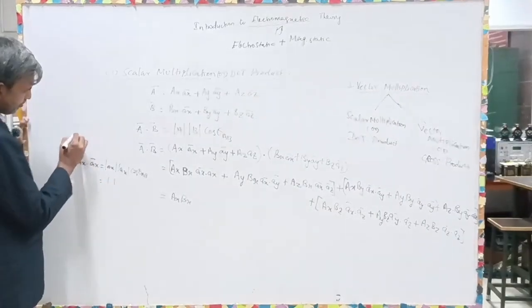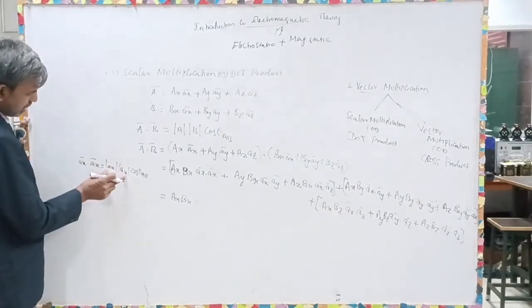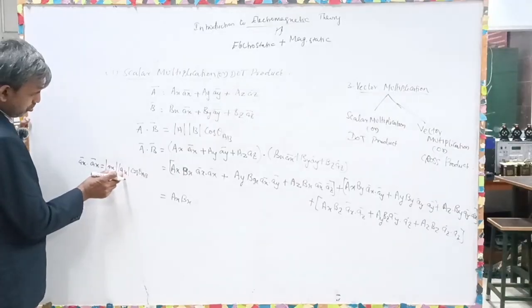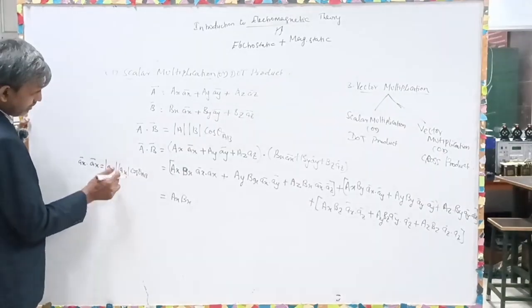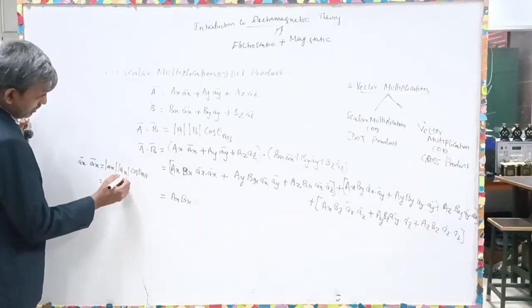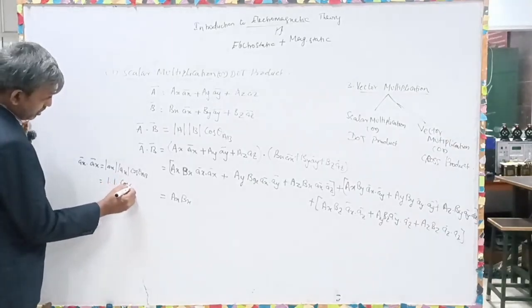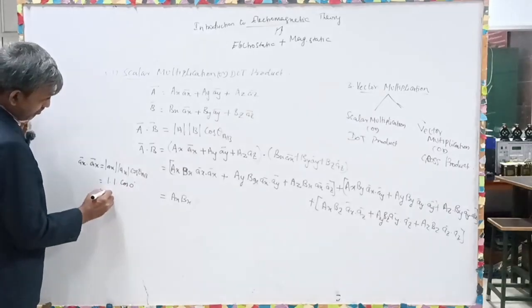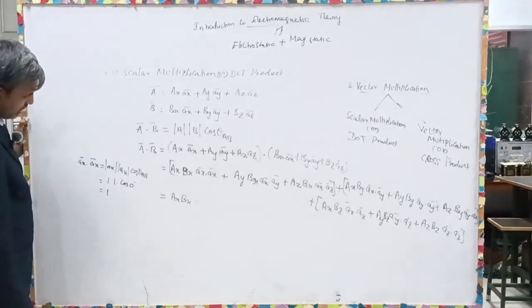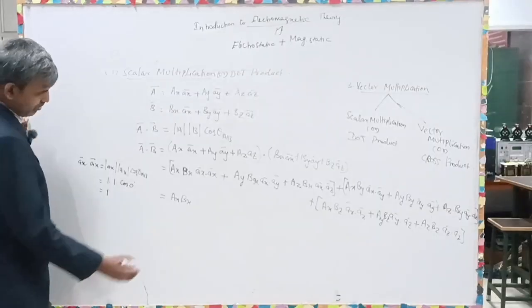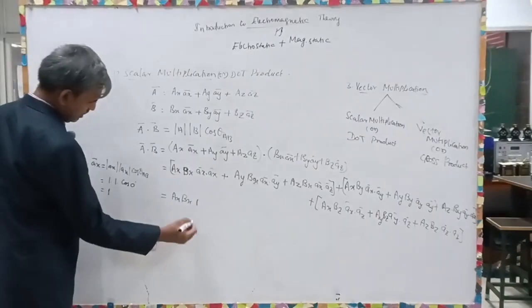Both are the same coordinates, so the angle between these two will be 0. So cos 0 value will be 1. So Ax dot Ax value will be 1.